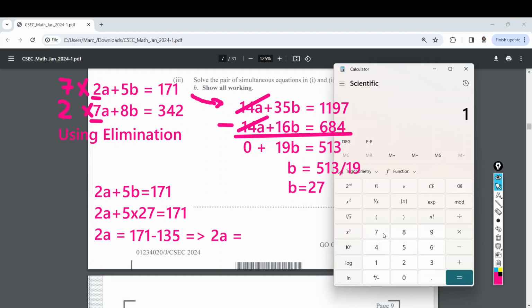Okay, sorry about that, guys. We're gonna say 171 minus 135, and we're gonna get 36 here. So 2a is equal to 36.